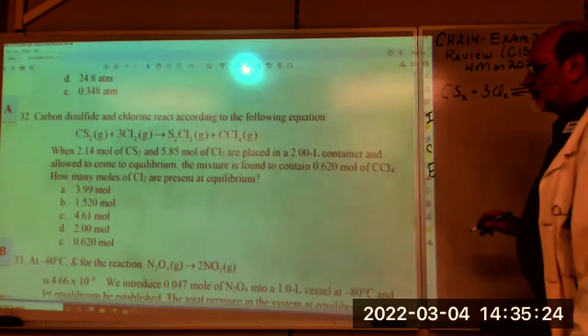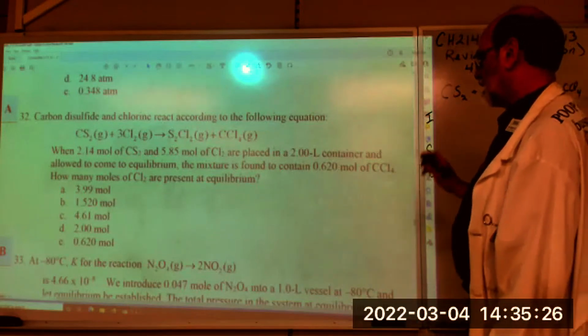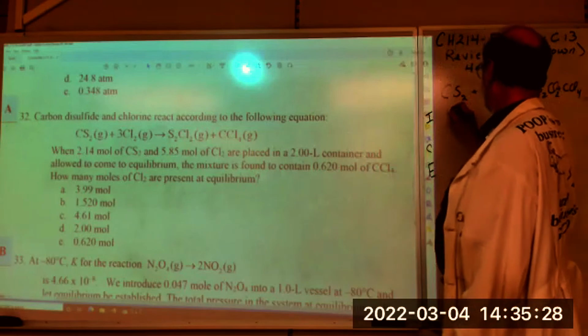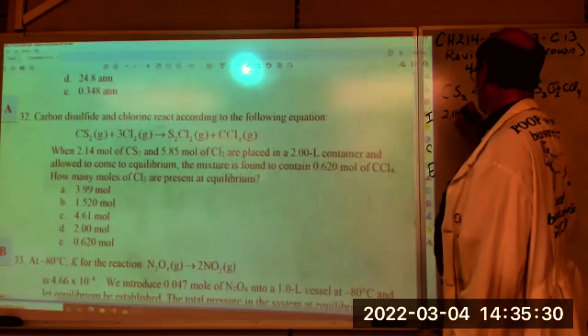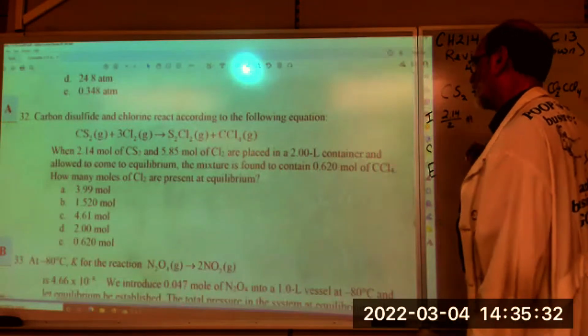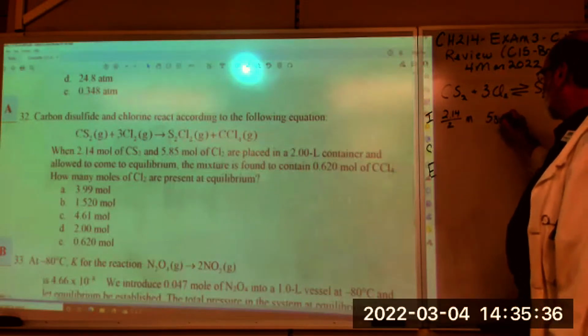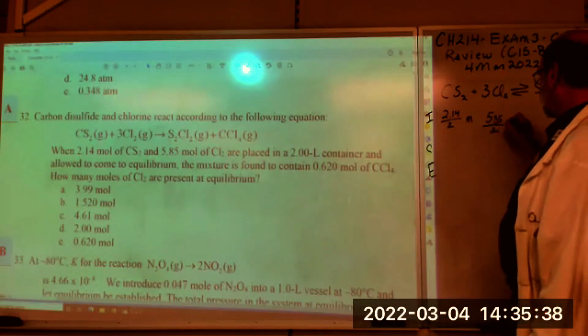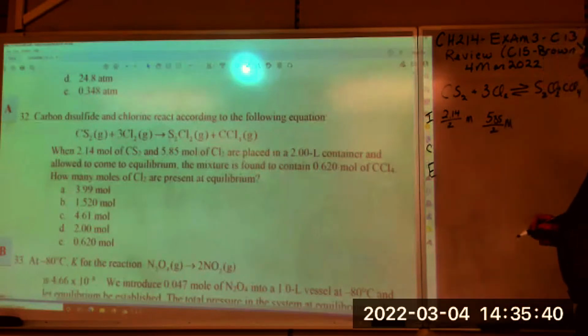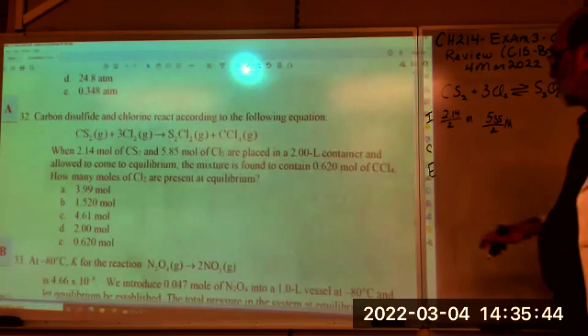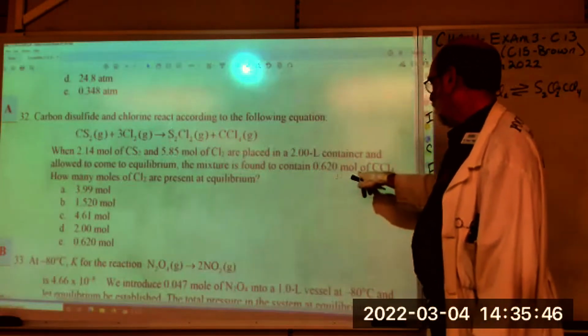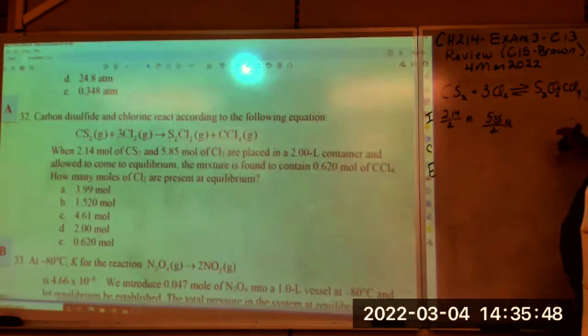So initially, what do you have? 2.14 moles in 2 liters. So this is 2.14 divided by 2 molar. And this is 5.85 divided by 2 molar. Allowed to come to equilibrium is found to be 0.620 moles of carbon tetrachloride.